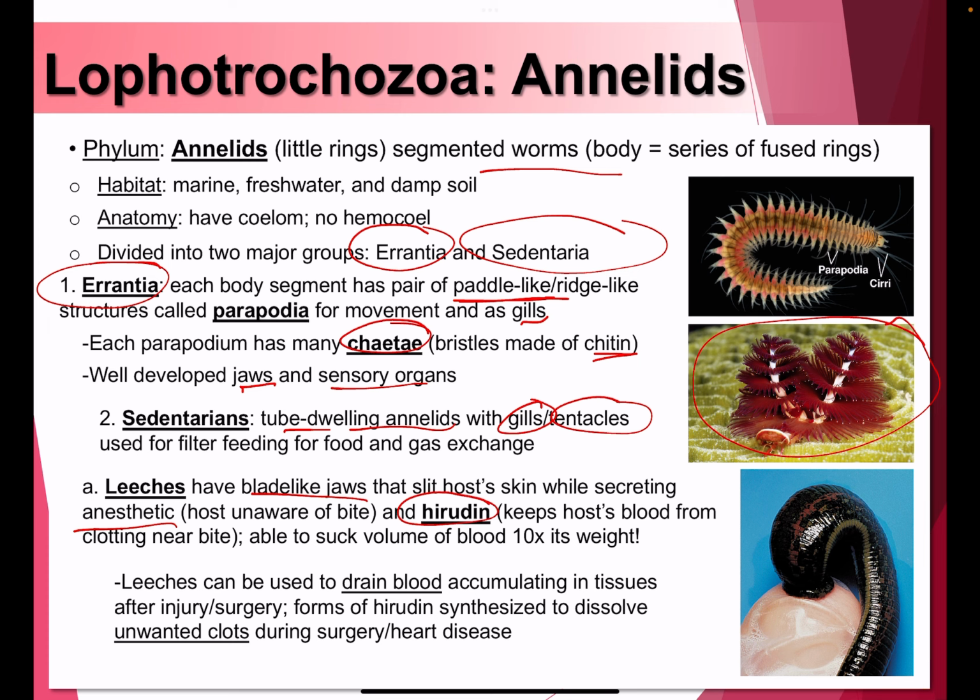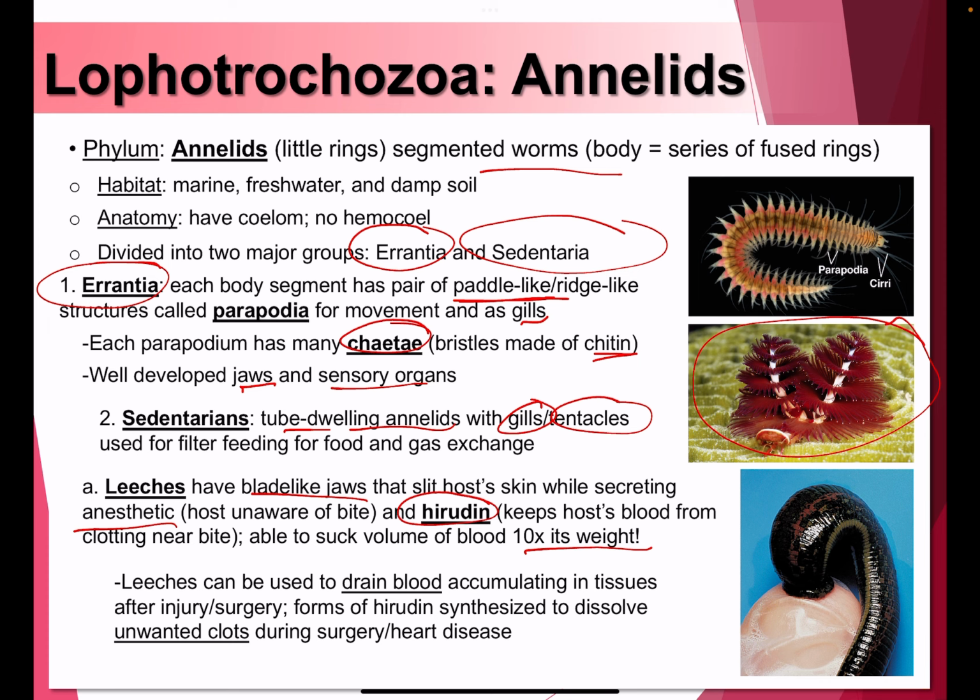So they can stick on you and suck as long as they want, up to 10 times their weight. That's crazy. Once they have that much blood inside of them, they will then be able to live on that for months. So now that's the scary part of leeches, but interestingly, leeches have beneficial usage as well.